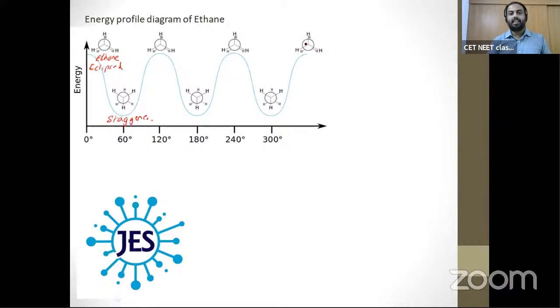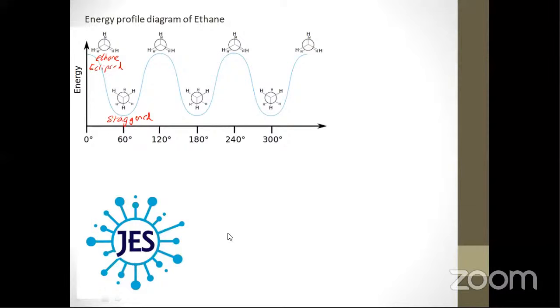I want to ask the class now, which is more stable according to you, eclipsed or staggered? Come on, which is more stable? Type in the chat section.